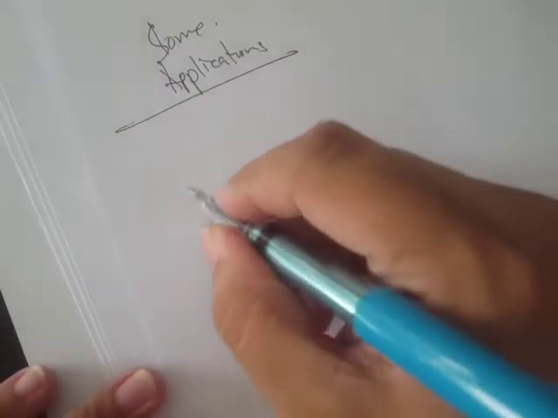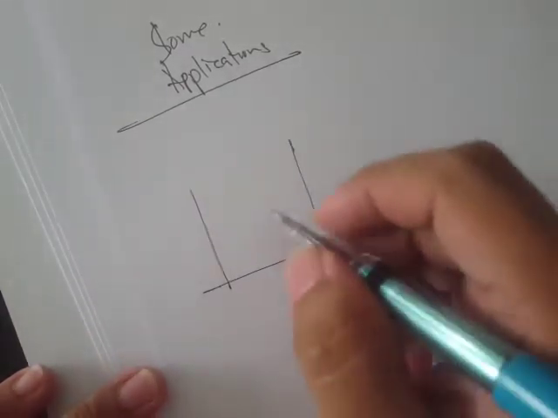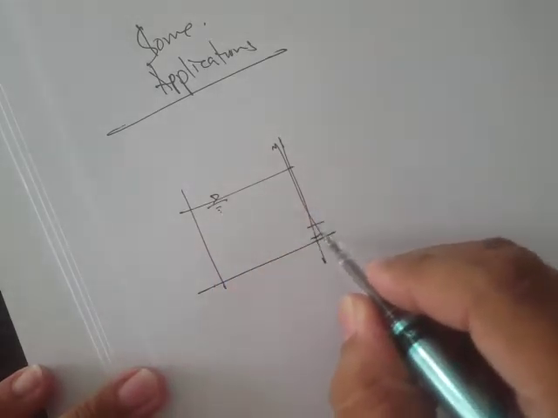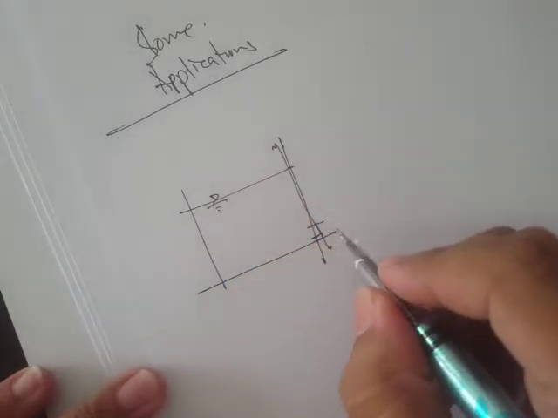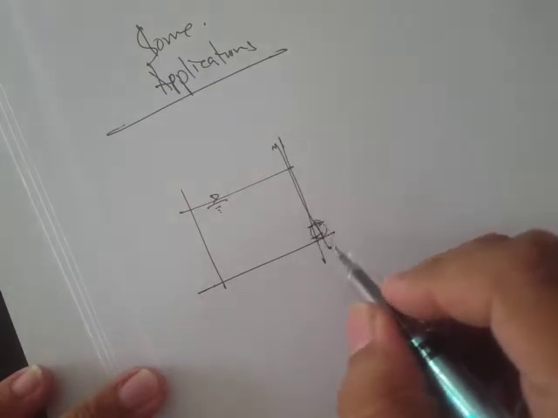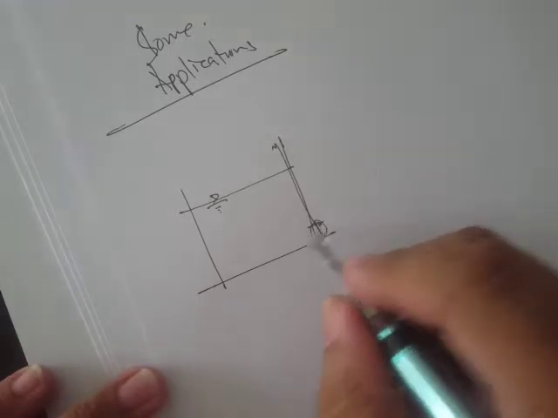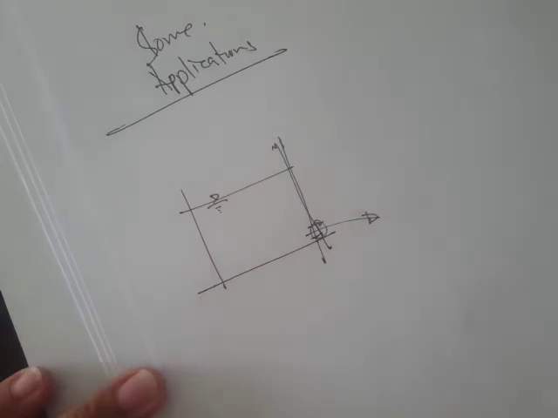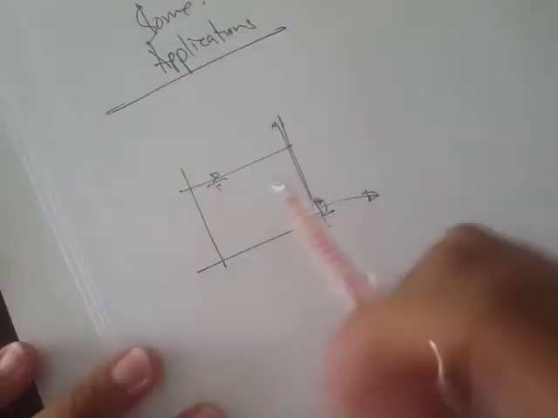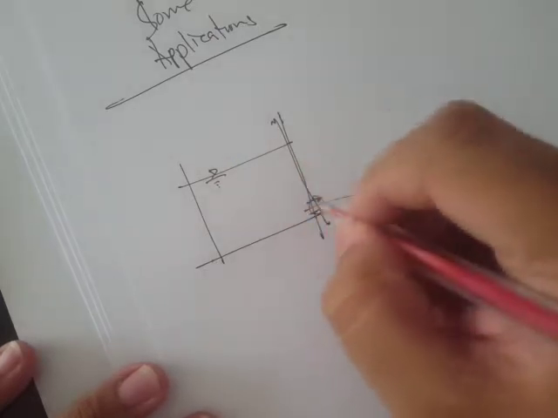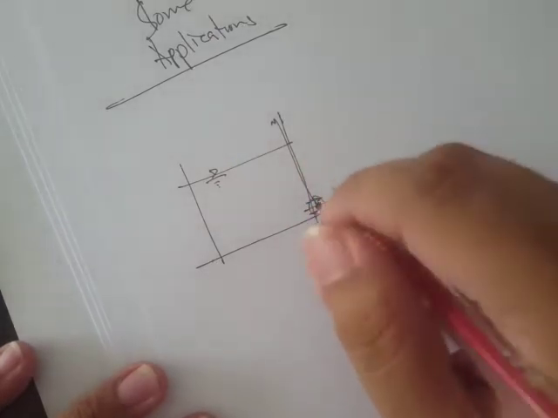For example, we have a tank or a vessel, and this vessel is filled with fluid, and you want to determine the velocity. If we have a tap right here, or a hole or an orifice, then of course the water would start to flow out. Sometimes we want to know the velocity at this point. So what is the velocity at this point?